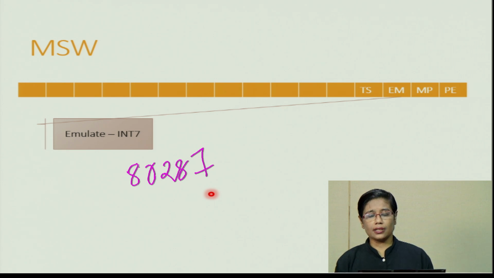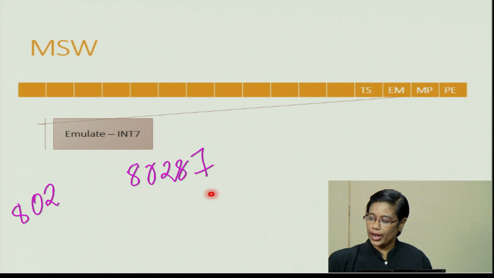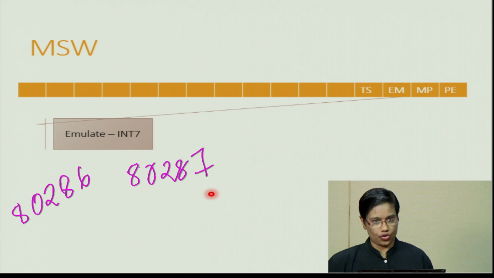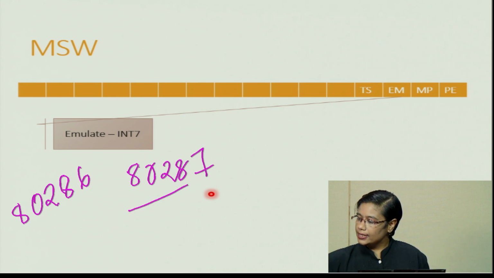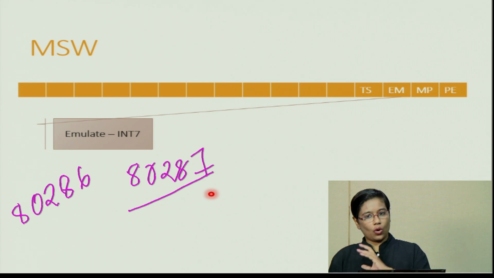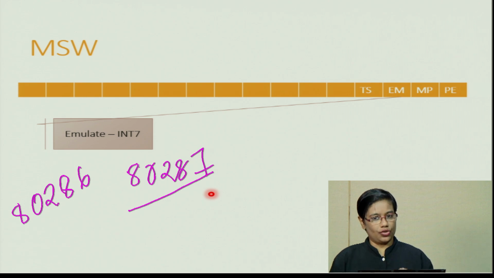Whenever you execute a floating point instruction, it cannot be executed by the 286. So we have our main processor, the 80286, which has its own instruction set, and we have the 80287, a coprocessor, which has its own instruction set.